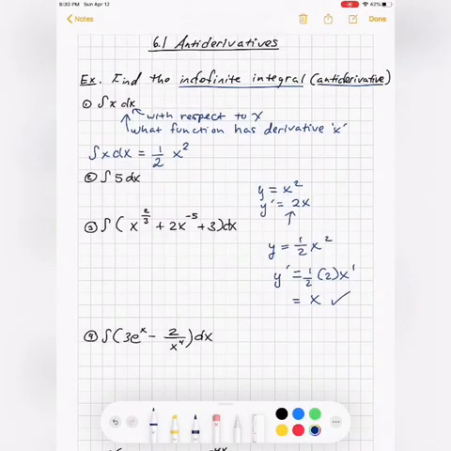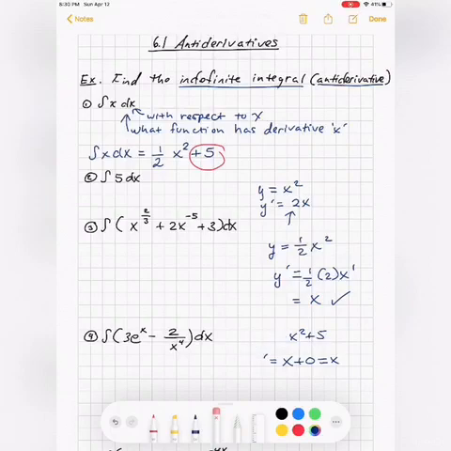Now, actually, wouldn't it be true that I could have any constant here? Like, what if I had 5 here? That function's derivative would also be x, right? Because if I had a half x squared plus 5, if I differentiated that, I would still get just x. So actually, the constant here could be anything.